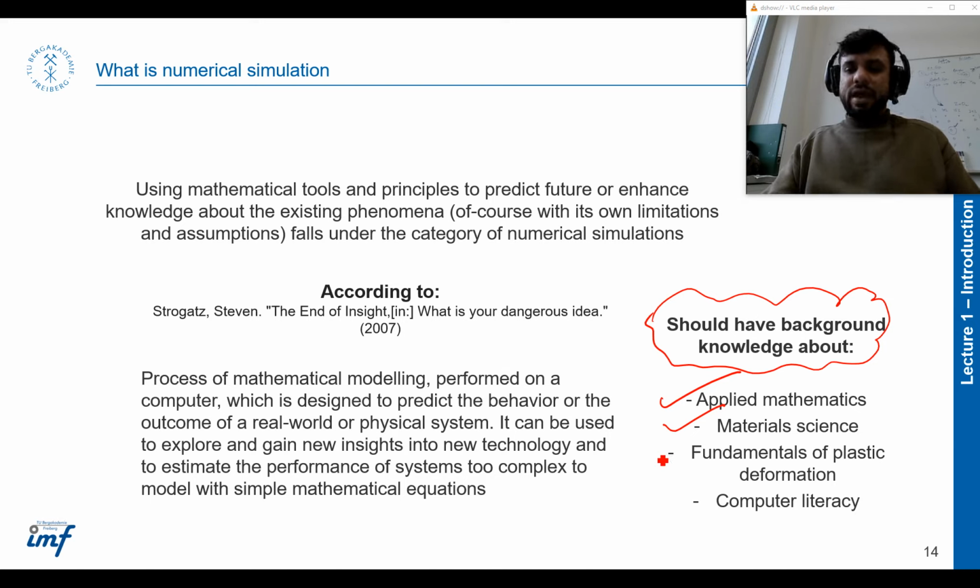And then, as we talked about, the fundamentals of plastic deformation is the theory specifically about how materials are permanently deformed into any specific shape. What are the basics, what are the laws and principles that other scientists or researchers in the past have devised, and how they can be used to estimate some values.